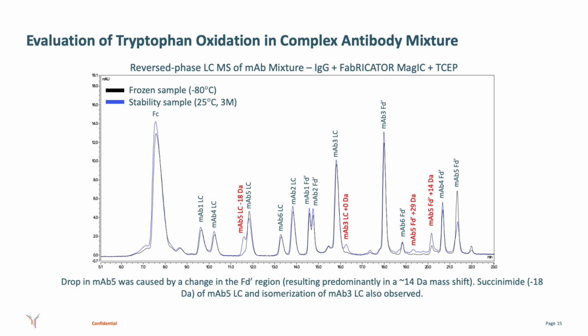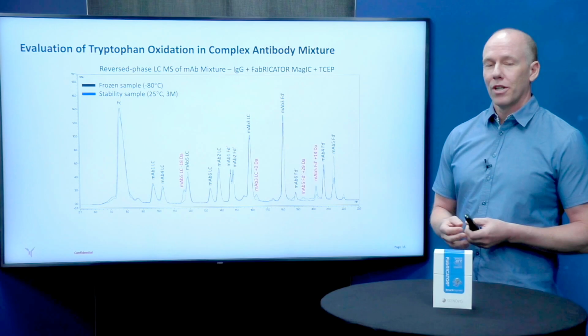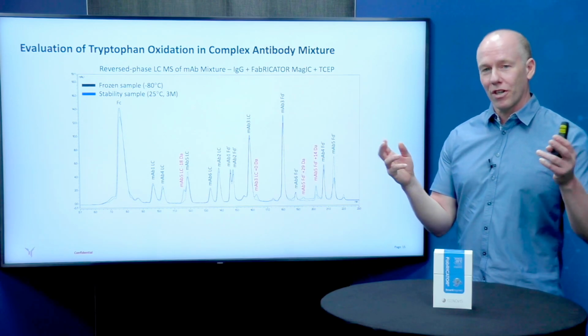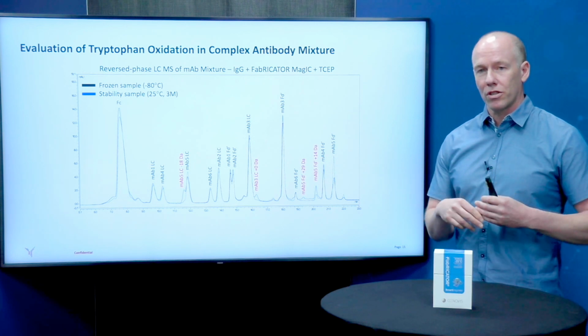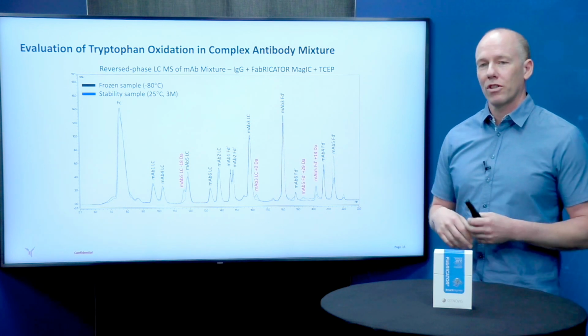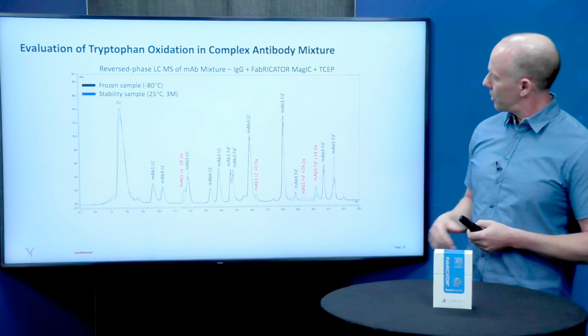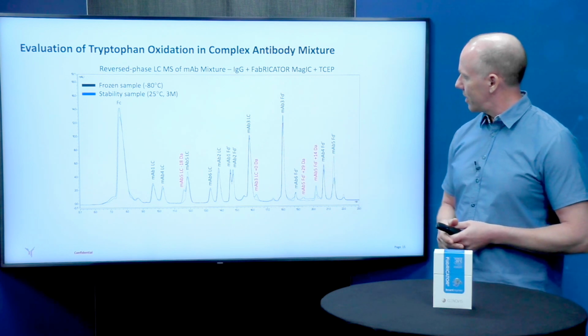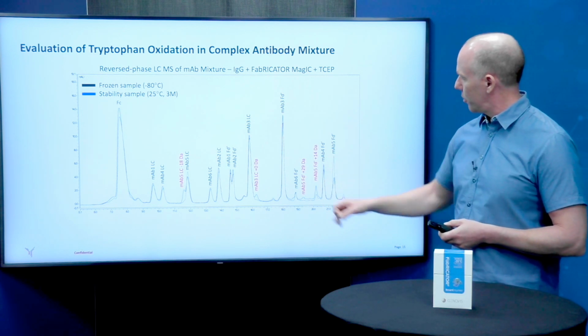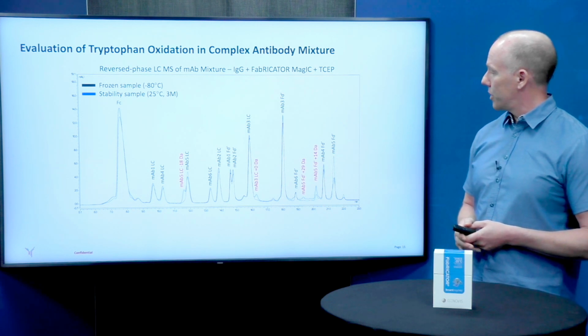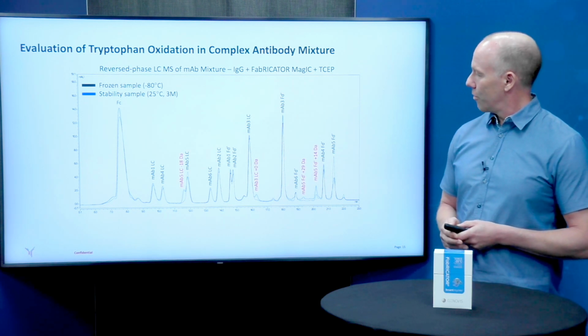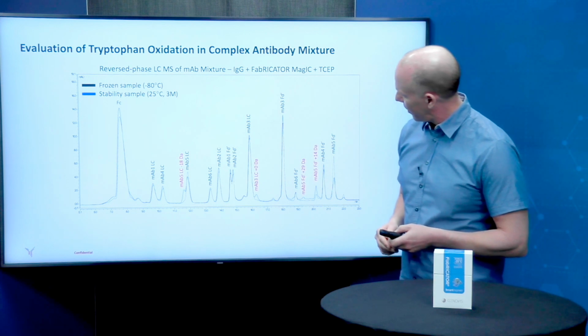But we managed to pinpoint that this was actually a tryptophan oxidation, a so-called oxolactone, where you get the oxidation and then introduction of double bonds, which means you're losing hydrogen atoms. So you get a shift of 14 instead of 16, and this is beautifully picked up by our reduced subunit analysis. We can also see some other stuff going on here.